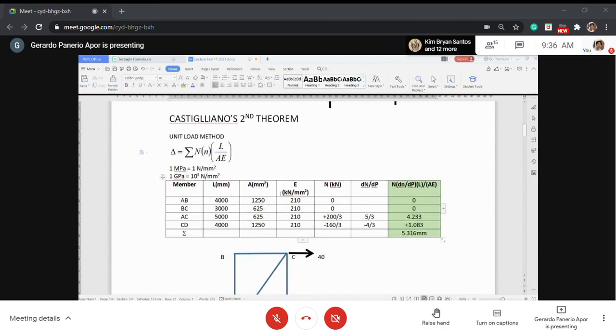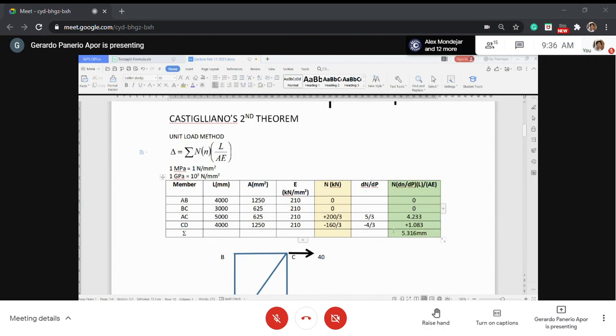There will be a column for the n, which is this one. I will highlight that one with a light color.